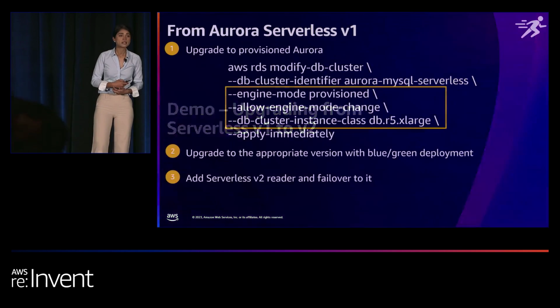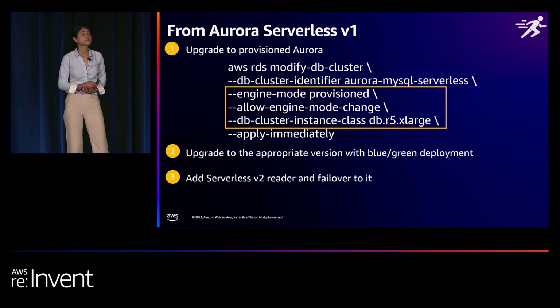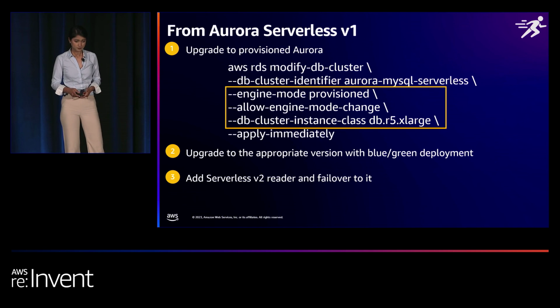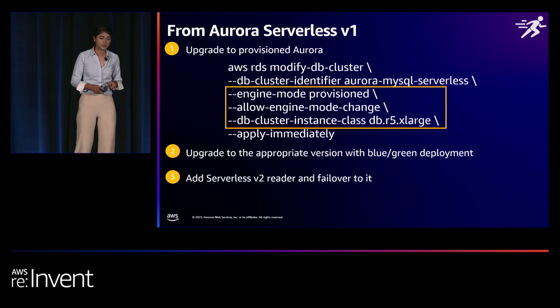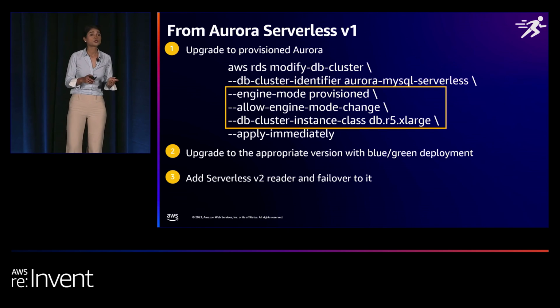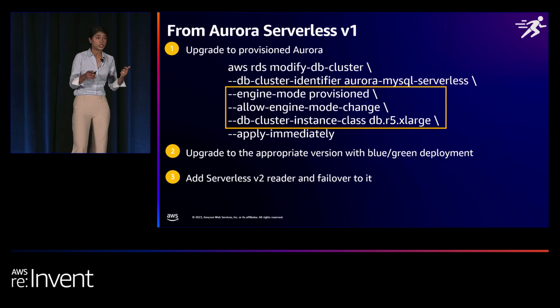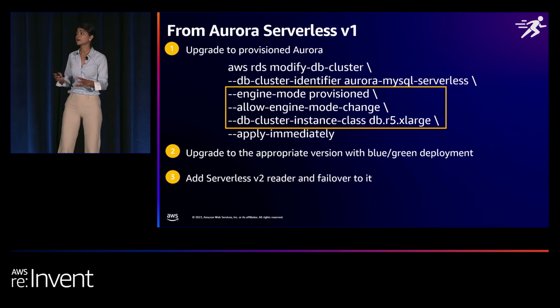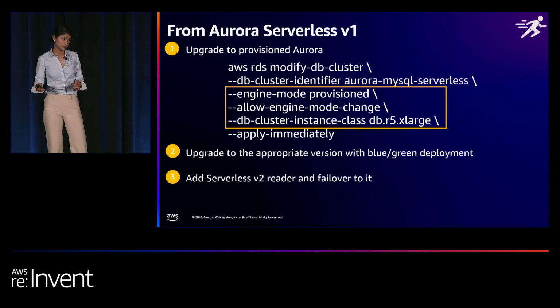We have made optimizations recently that can help simplify that for you as well. What we have done is we've added additional parameters in the modify DB cluster API that can help you do an in-place upgrade from Serverless V1, which is the previous version, to the new version, Serverless V2.